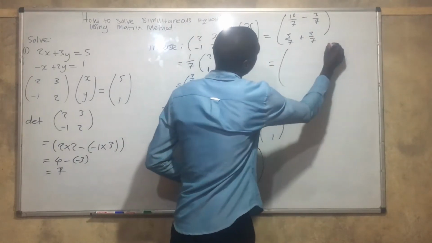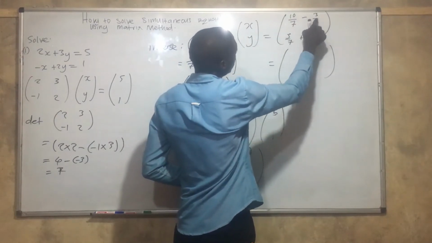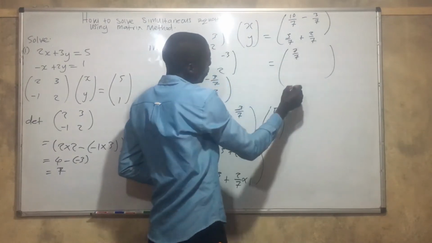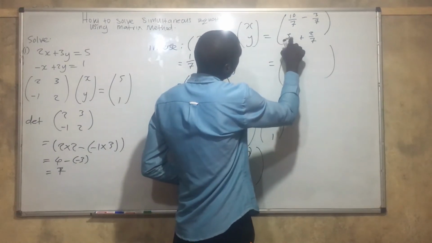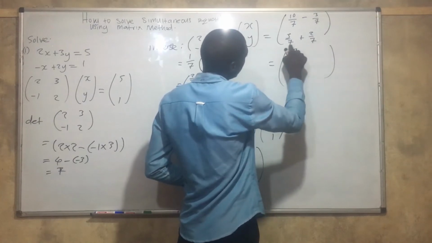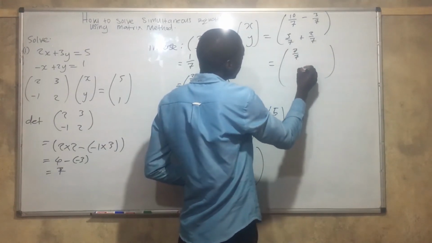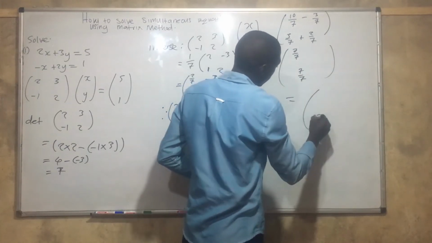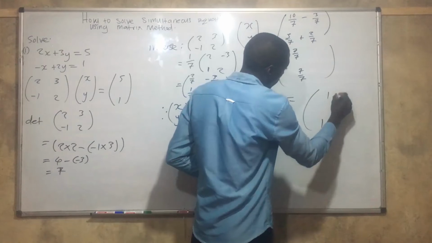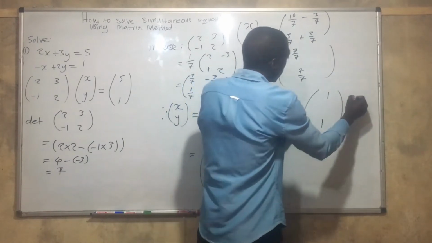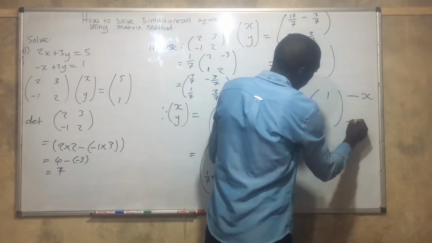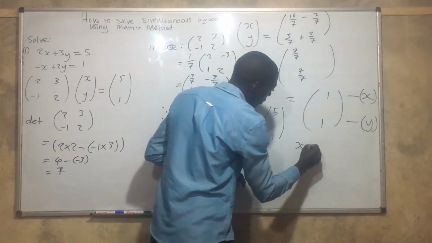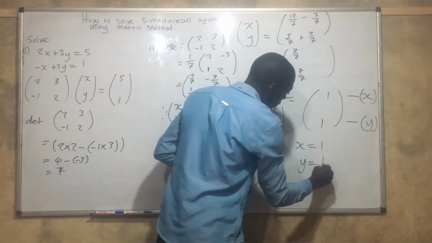This gives us 10 minus 3 over 7, which is 7 over 7. At the bottom it will be 5 plus 2, because we have the same denominator, so we just add the numerators. We have 7 over 7. This gives us 1 and 1. So this is the value of x, and at the bottom is the value of y. So x is equal to 1 and y is equal to 1.